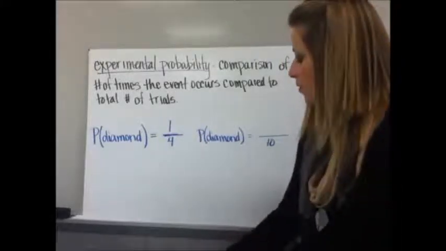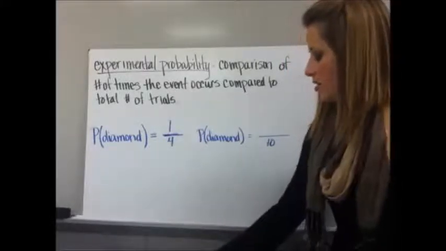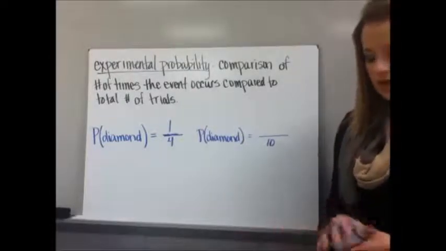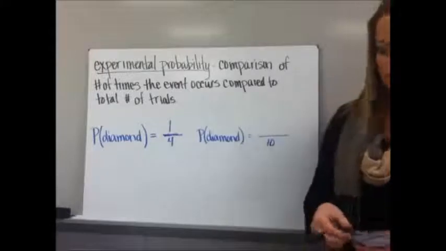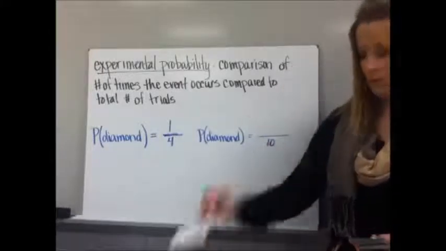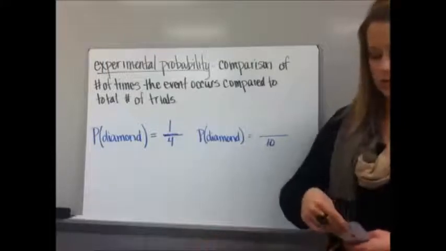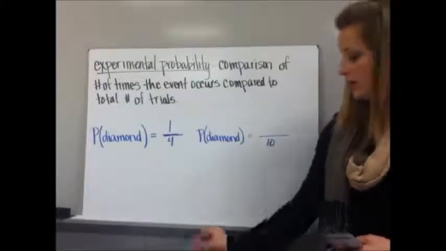Okay, so now we're going to redo that trial with 10 cards. Put these back in here. So let's see, there's 1 card, 2, 3, which is a diamond.